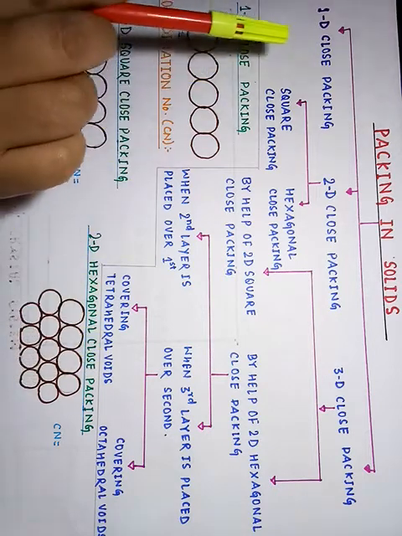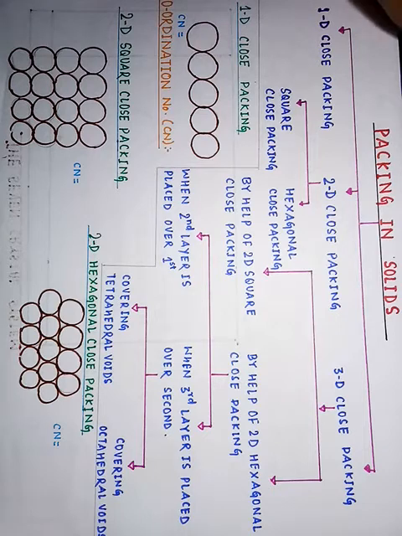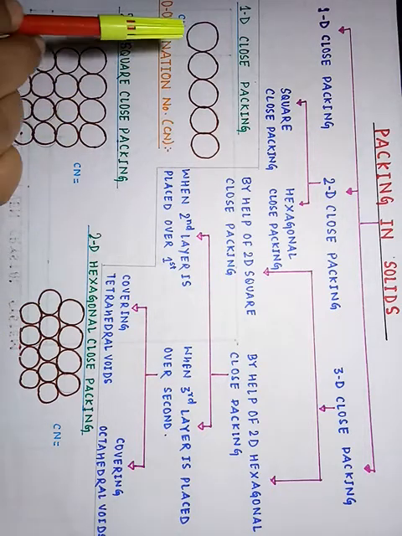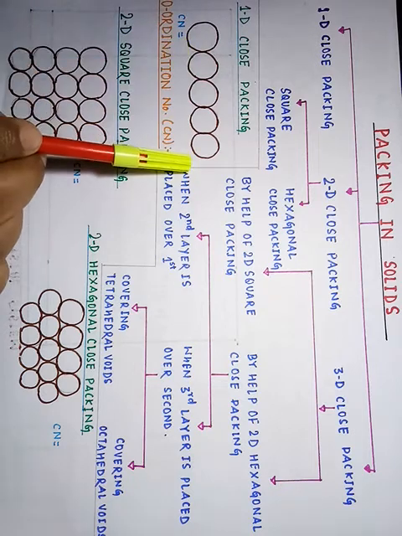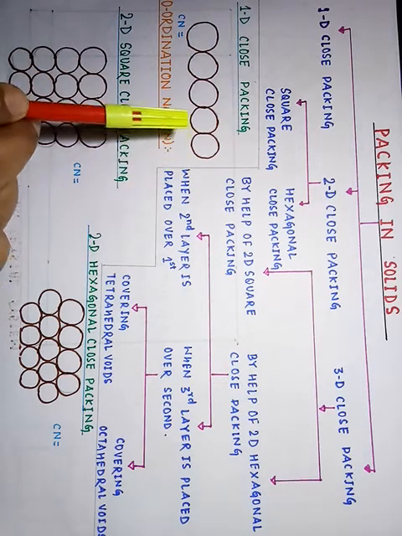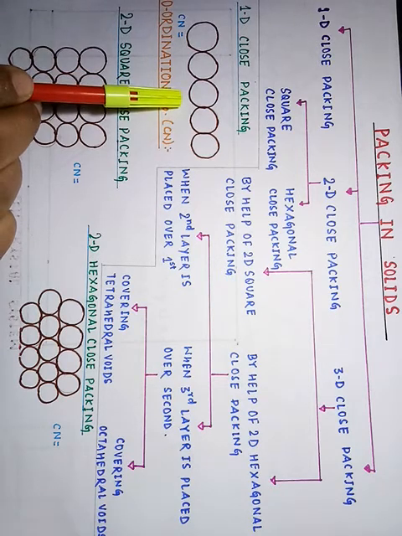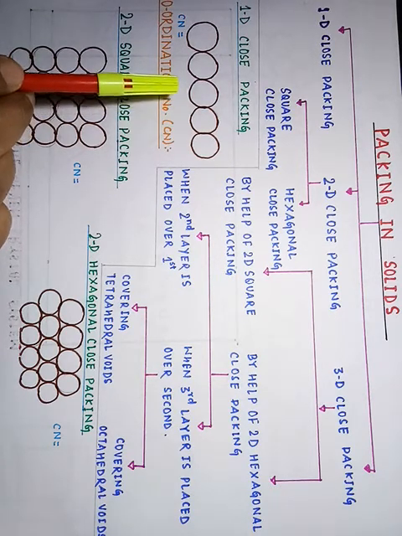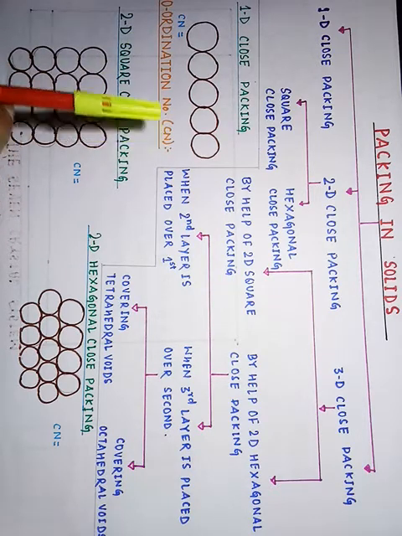Now let us move to one-dimensional close packing. What does 1D close packing mean? Student, one-dimensional close packing means that the atoms are arranged in just one dimension, either x-axis, y-axis, or z-axis. And there is a term involved here which is called coordination number.